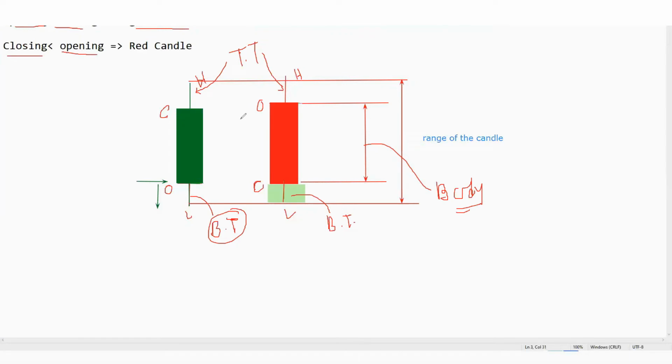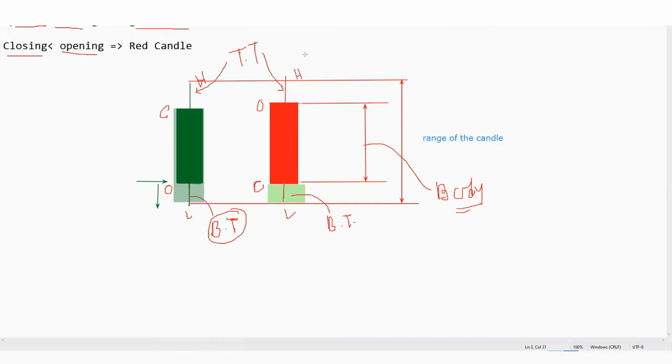Okay, so basically in this area you can say there are lots of buyers. Particularly, sorry, I want to take the green color. So this is the body of the candle. This is the buying zone of the candle. In this area the buyer is actually showing the buying pressure.